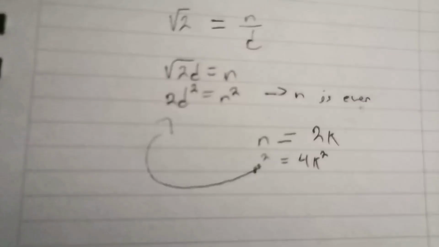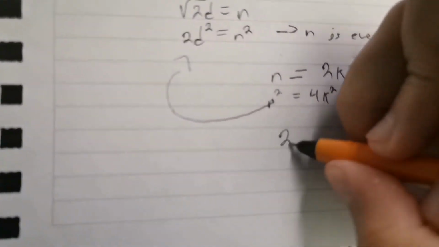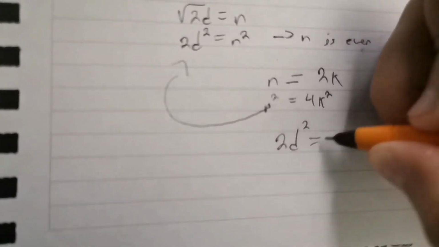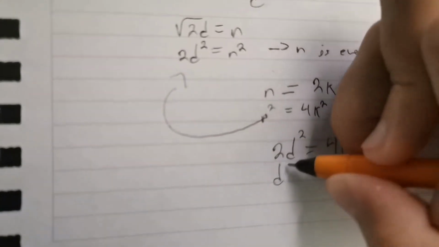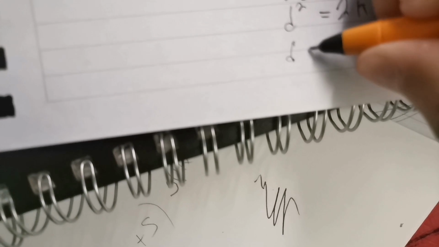Next, let's isolate p squared: p squared is equal to 2 q squared. Now we are going to represent p as 2k, where k is an integer, and as you can see, this is the resolution of the problem, where p is even.